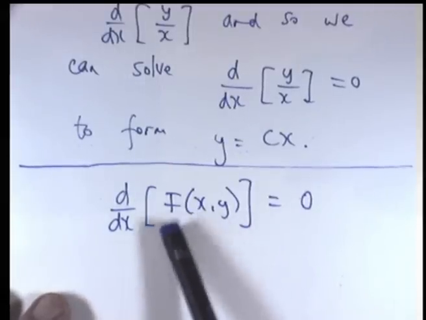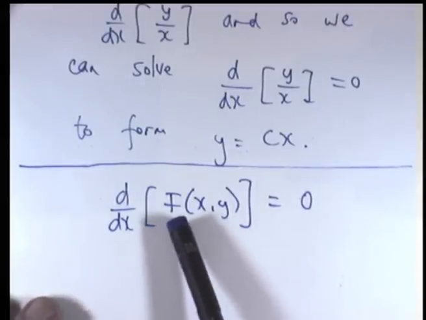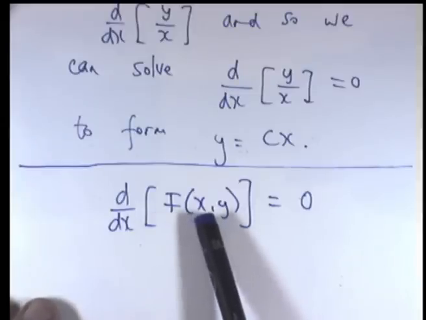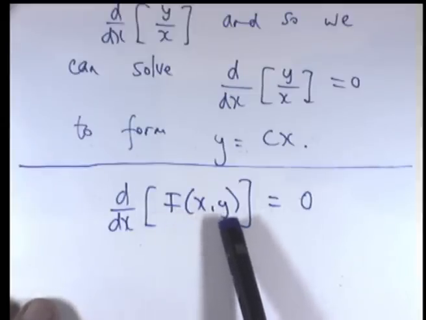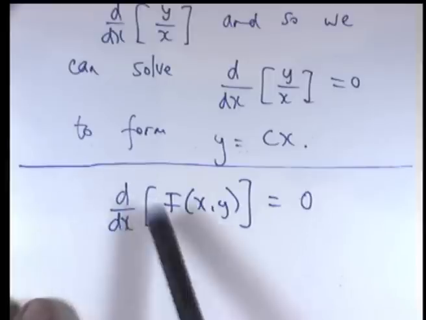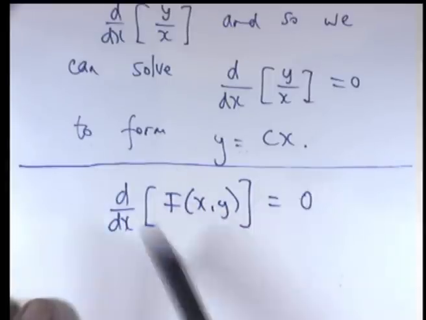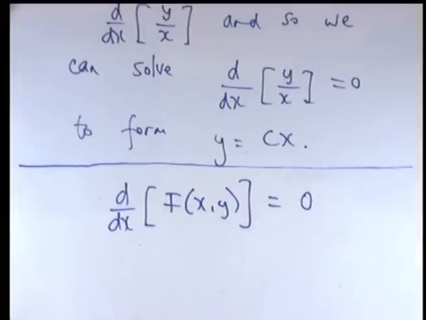Can I form some sort of big F that contains the independent variable and the dependent variable, the solution, such that a differential equation will lead to this d dx of this? So I could integrate both sides and then form some sort of implicit solution for y. That's actually the subject of another video called exact differential equations, and that'll be coming up soon.